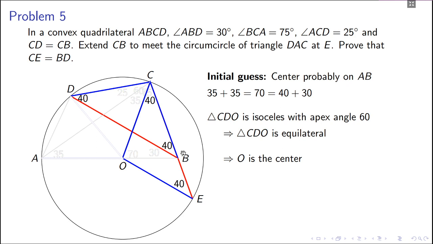If they are congruent, the corresponding sides DB and CE are equal. So these two red lines are equal. So the trick is to find that construction, and once you can do that, then it's actually straightforward.